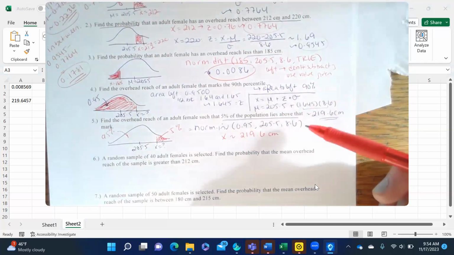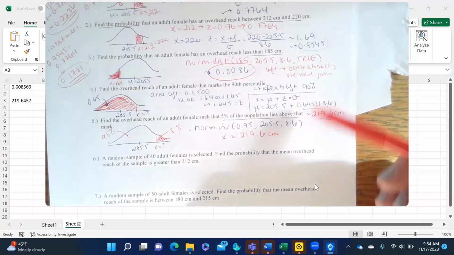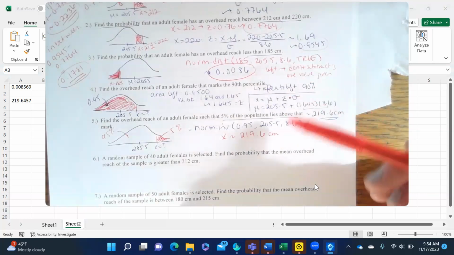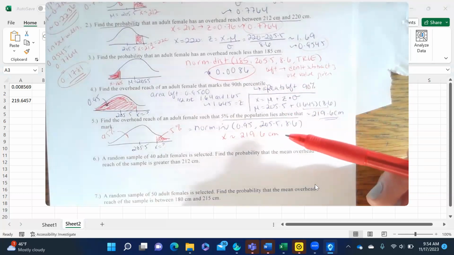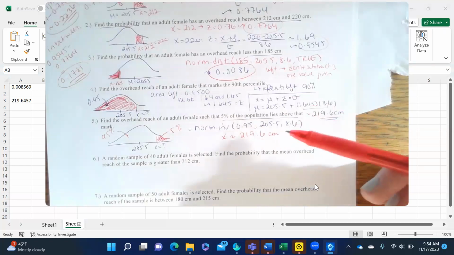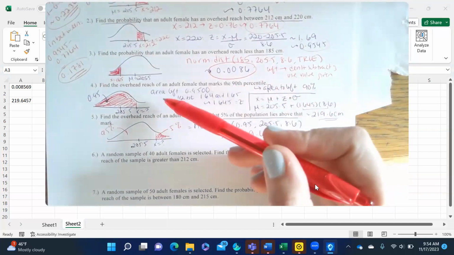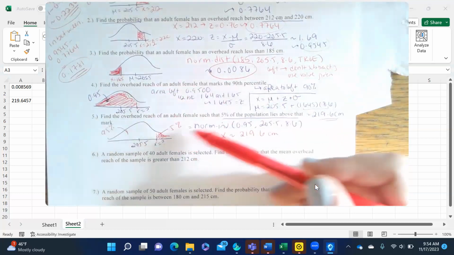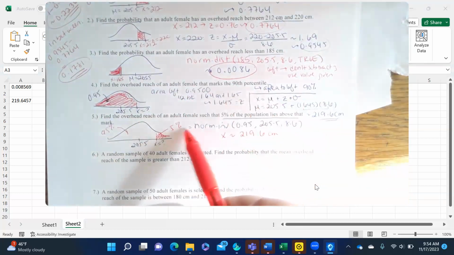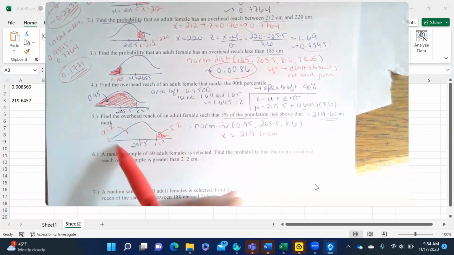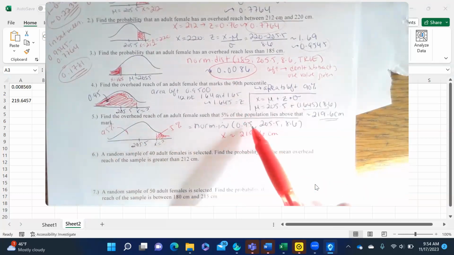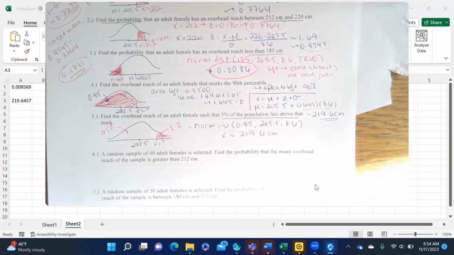Sometimes you may want the z-score, which is fine, but Excel is just a little bit faster because I can get the answer right away. Just be careful with the areas. Remember, everything is always area to the left when we're doing the computation part, so you may have to do some tweaking. Sometimes you have to find the other side to plug in, but otherwise it's pretty straightforward.